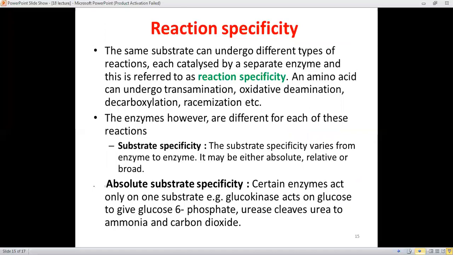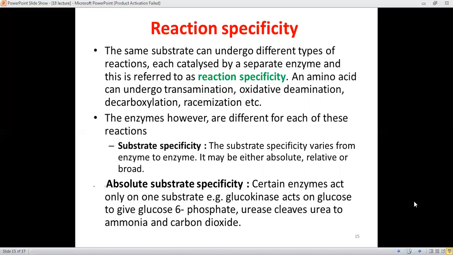Next is reaction specificity. For a certain reaction, certain enzymes are responsible for catalyzing it. The same substrate can undergo different types of reactions, and each type of reaction is catalyzed by a separate set of enzymes, and therefore it is referred to as reaction specificity. It means a specific type of reaction is catalyzed by the enzyme, like oxidation, isomerization, hydrolysis, and so on.